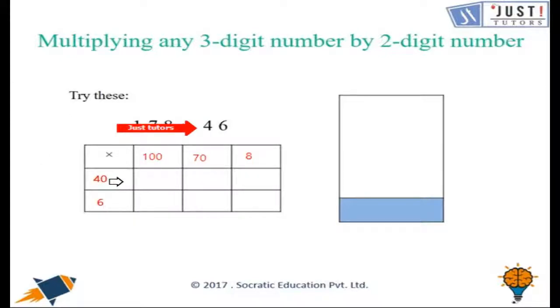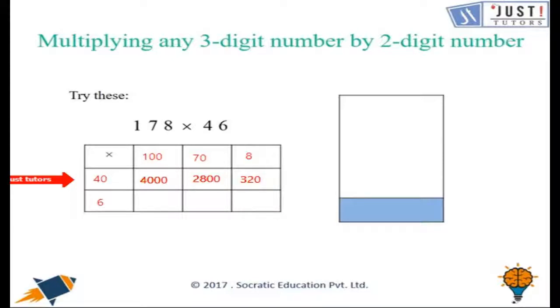Now we are going to multiply these two first. So 40 times 100 makes 4000. Then 40 times 70 makes 2800. And 40 times 8 gives 320.